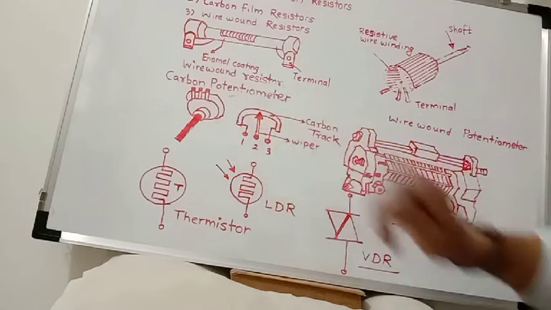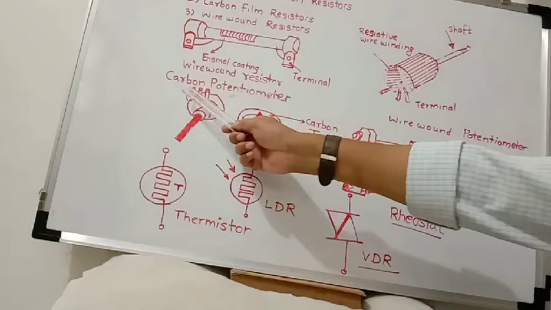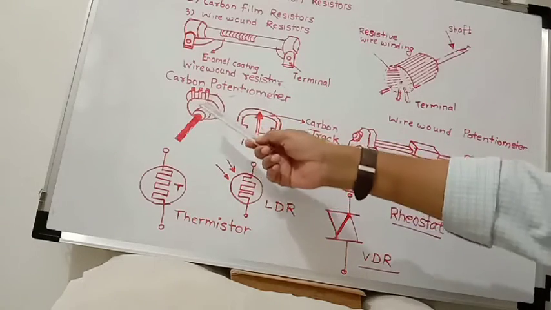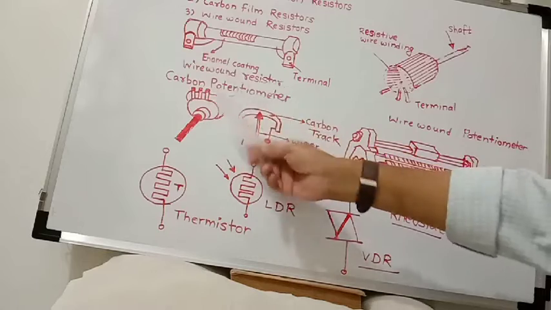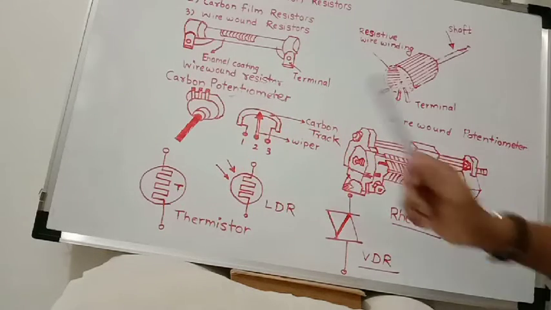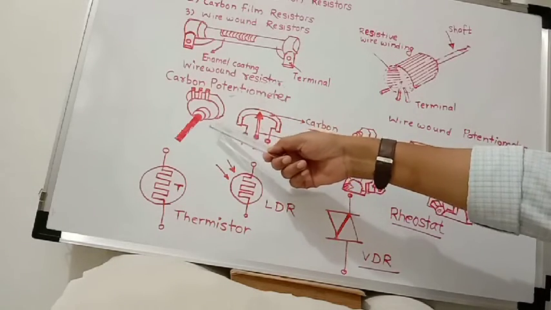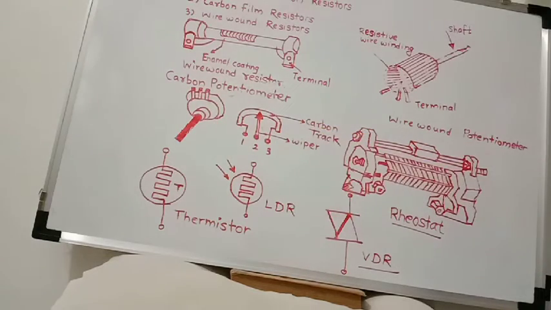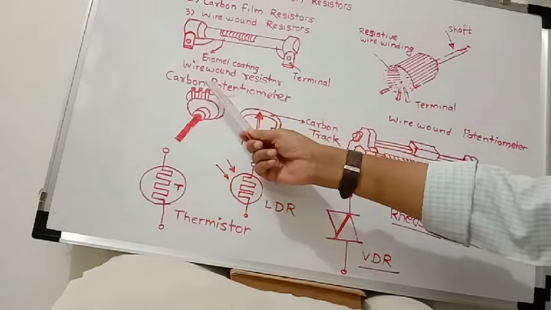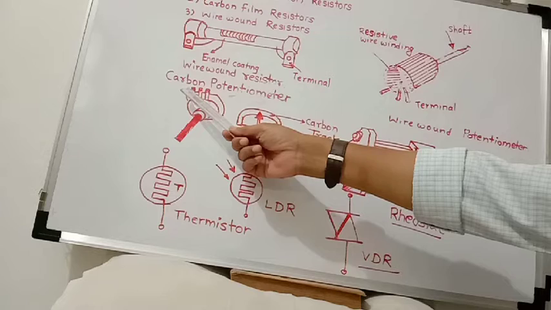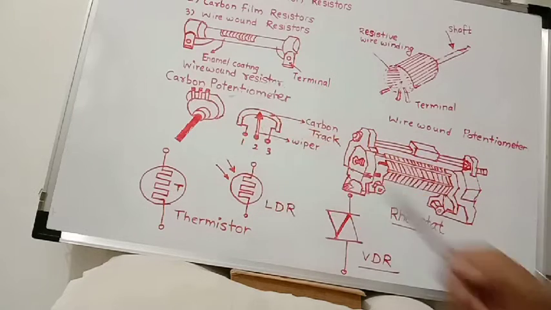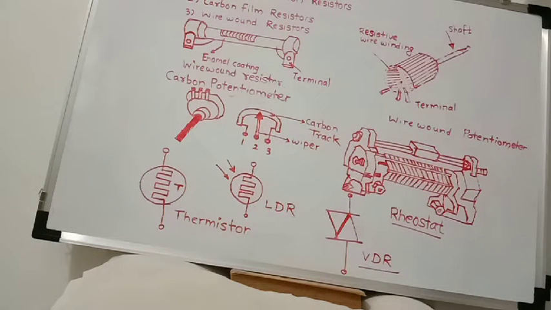Between terminals 1 and 3, we get the fixed value of resistance. For example, if this potentiometer is 100 kilo ohm, then between these two fixed points, terminal 1 and terminal 3, we get 100 kilo ohm resistance.